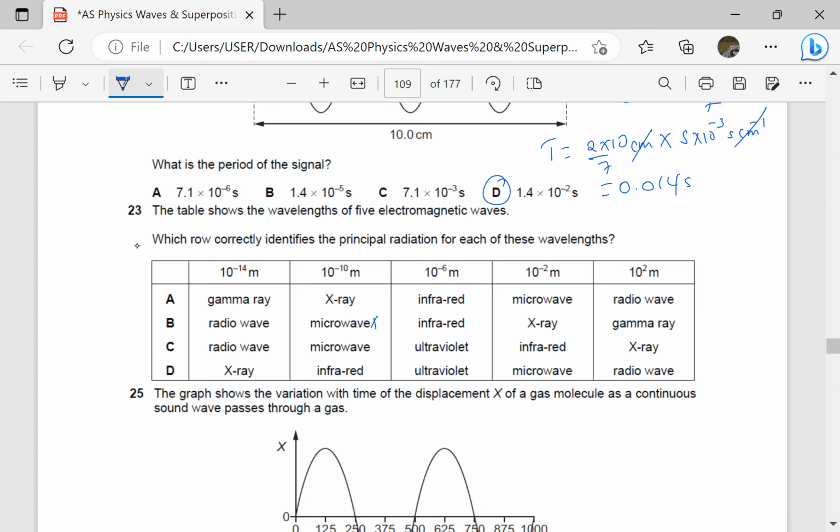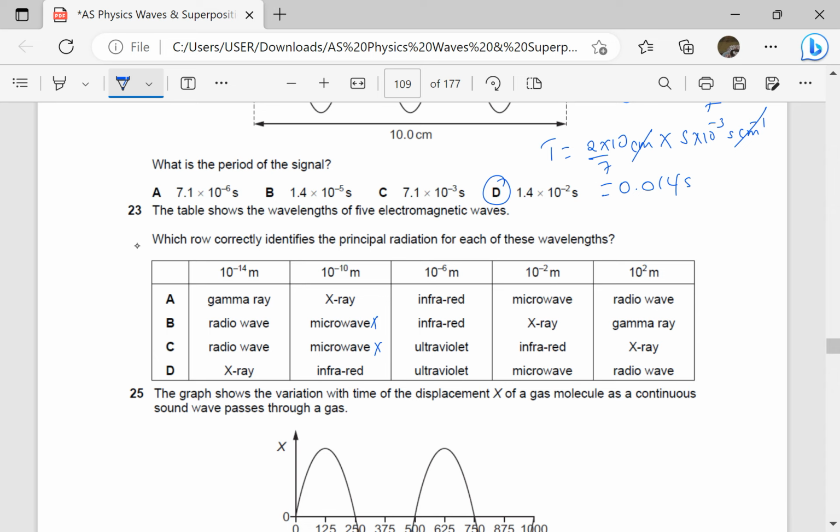So this is wrong automatically. And B is going to be wrong. And C is also going to be wrong because it is giving microwaves negative 10. Then we know radio waves should have a higher wavelength than all the other radiations.